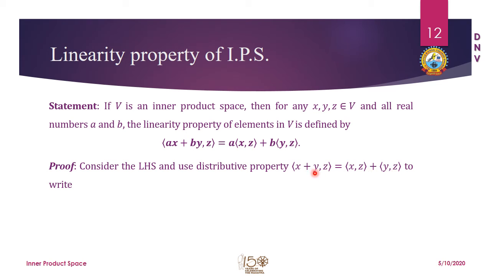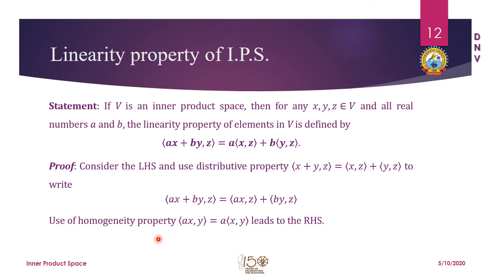So we can utilize this property to write the left hand side as the inner product of ax plus by comma z equal to the sum of these two inner products. Now we can use the homogeneity property, ax comma y equal to a times x comma y, and use of this property will lead to the RHS. So it is very simple to prove, but it is very important.